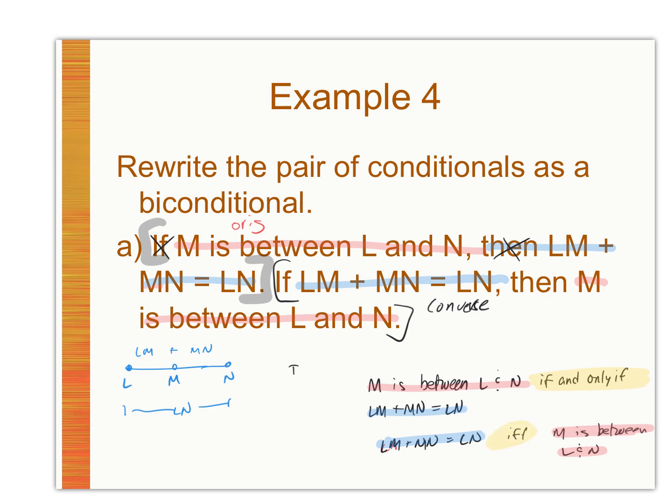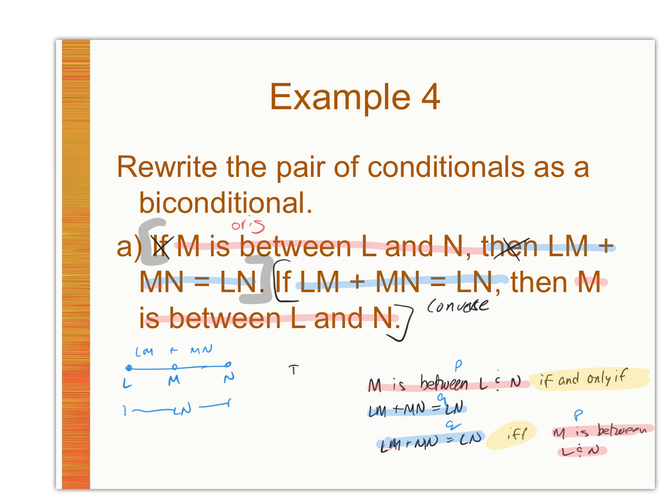In a biconditional, since it is the same whether it's the original conditional or the converse, I can write it with P or Q in any order. I could do P and Q, or I could do Q and P. This is kind of an interesting fact. I usually do P first in my biconditionals, but again, it could be either way.